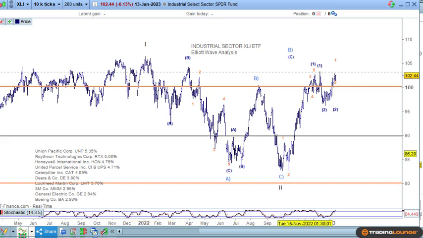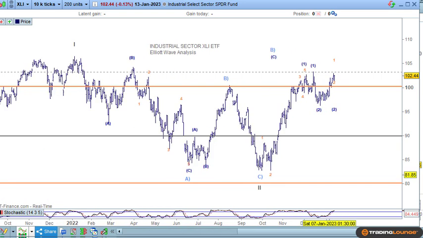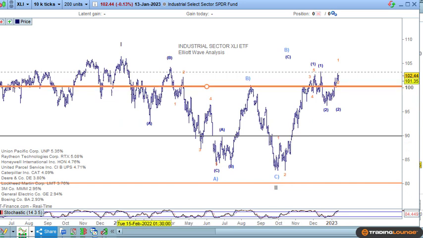The S&P is still down here. The communication sector is still down here. The banks are about in the middle somewhere in terms of sector lineup. But here, I could look at this as down for the A wave, then an A, B, and C for the B wave up here.